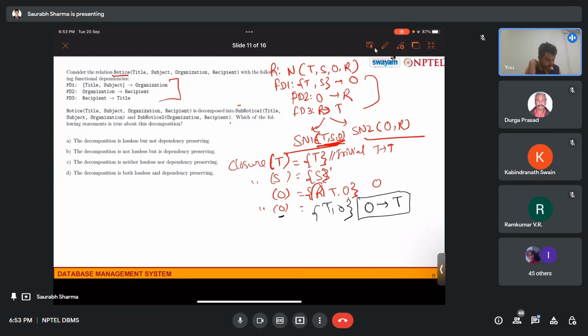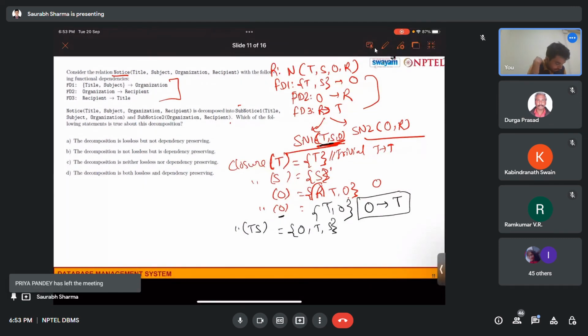Now we have the individual attributes. Now we will go pairwise. If we take TS, closure of TS, what will we get? Closure of TS will provide us O. With the help of this, we cannot consider R because it is not in that subrelation.